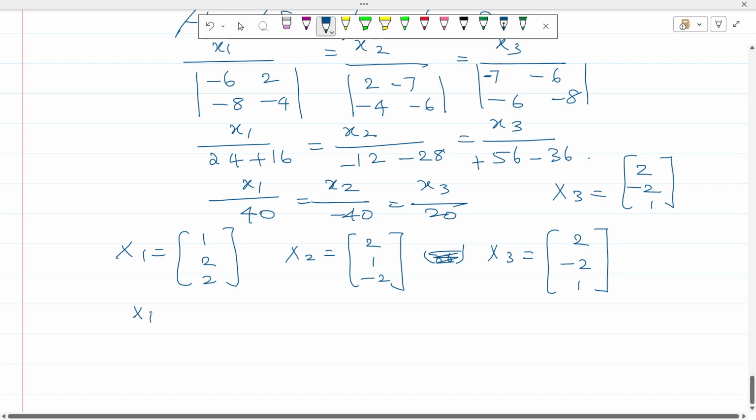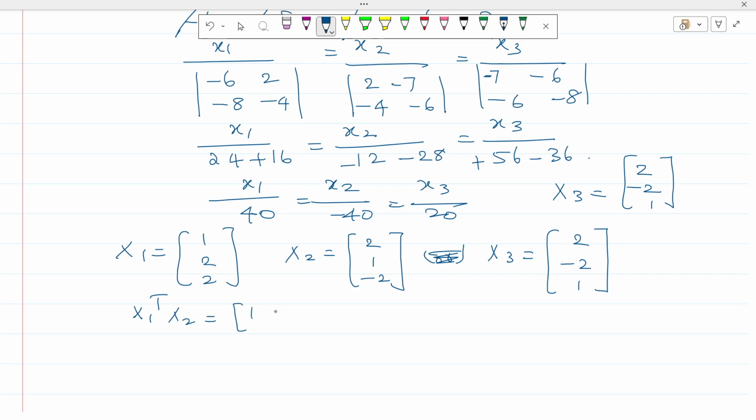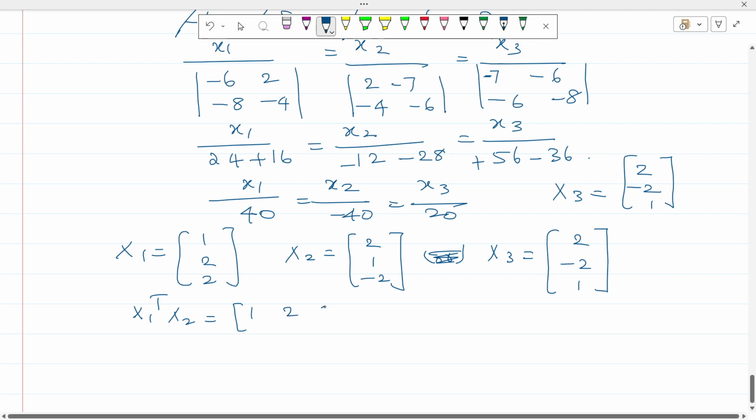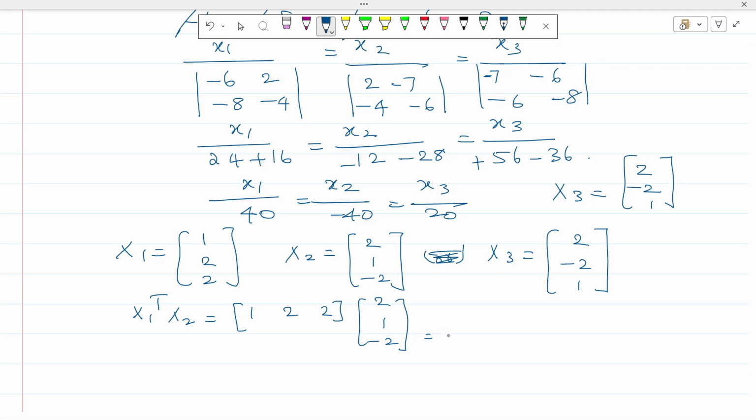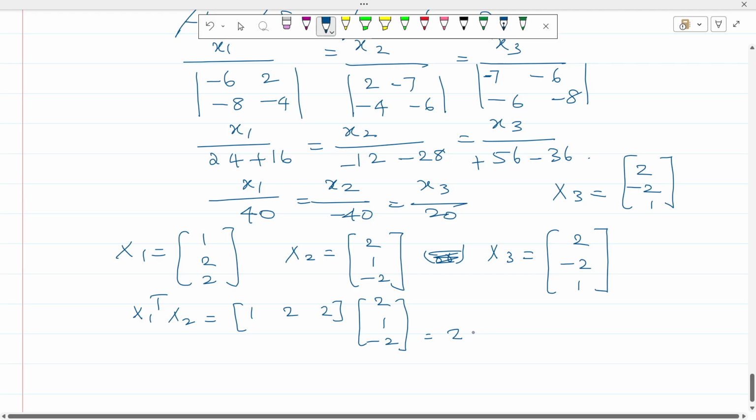So x1 transpose x2: 1 2 2 times 2 1 minus 2. Can check it. 2 plus 2 minus 4 is 0. x2 transpose x3: x2 transpose is 2 1 minus 2, and x3 is 2 minus 2 1.